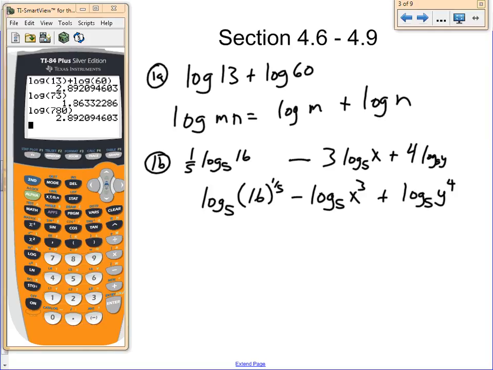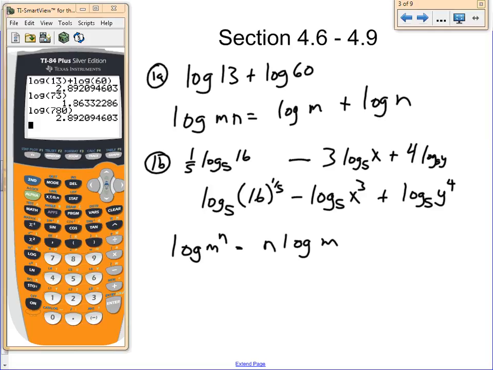What we did with that exponent, and the rule that we applied here, is we said that the log of m to the n was equal to, down in front, n times the log of m. So all I'm doing is doing this in reverse. And like Danny said right there, if it's positive, it goes on top, and negative, it goes bottom.